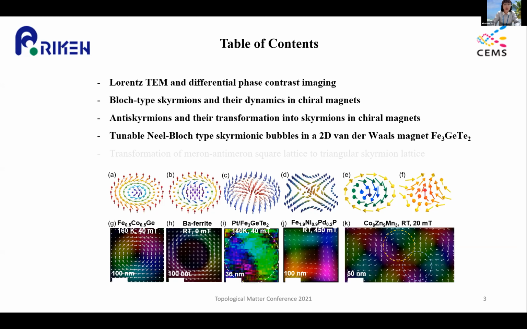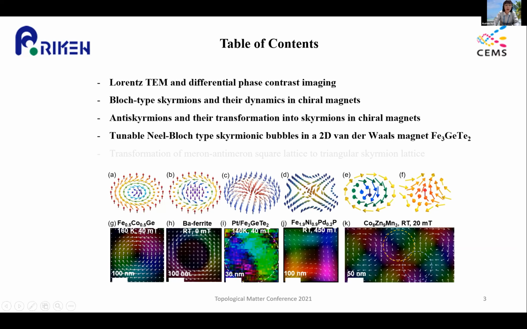After this introduction of the imaging methods, I will focus on the Bloch-type skyrmion and their dynamics in chiral magnets. I will also talk about real space observation of antiskyrmions and their transformation into skyrmions in chiral magnets.